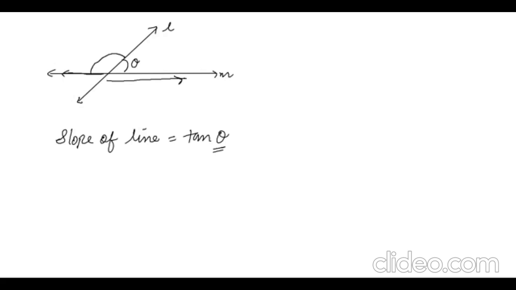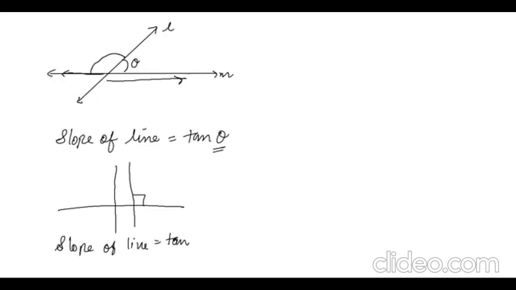So this is how you find the slope of a line. Now, the interesting fact is, if I go on increasing the inclination of this line, until it is exactly parallel to the y-axis, and I am interested in finding the slope of the line, this time the line is making a right angle with the horizontal line.